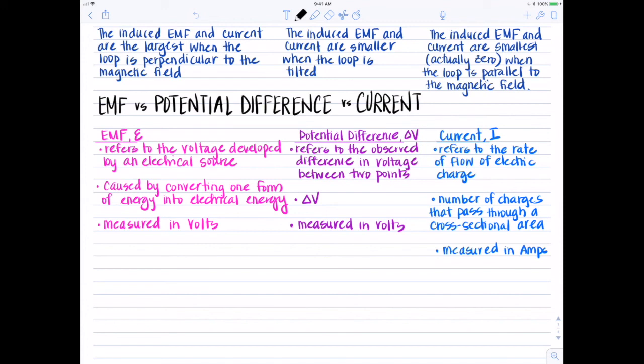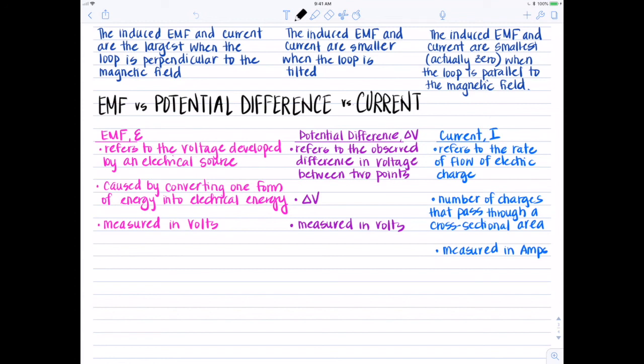This is also measured in volts. For current, I, current refers to the rate of flow of electric charges, and you guys know that it is measured in amperes, and an ampere is a coulomb per second, so it literally is the number of coulombs that pass through a cross-sectional area in a second.